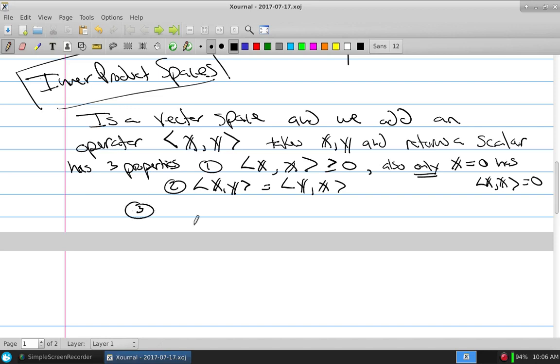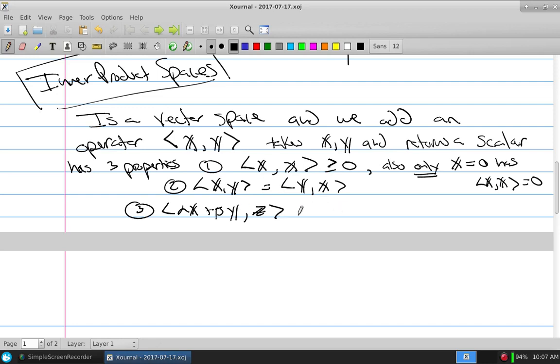And the third property is if I would take alpha x plus beta y. So what am I doing? My vector that I'm looking at is actually a linear combination of 2 vectors. So if I say, hey, consider this vector, which has been found by taking a linear combination of other 2. So I have this resultant vector, and ask, what is the shared angle between it and a third vector z?